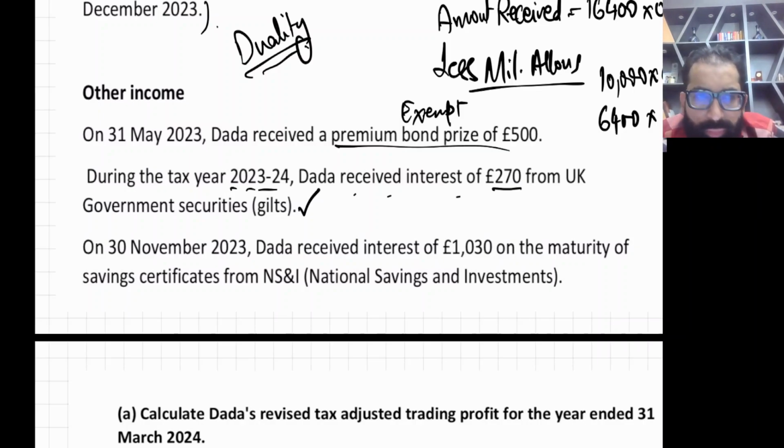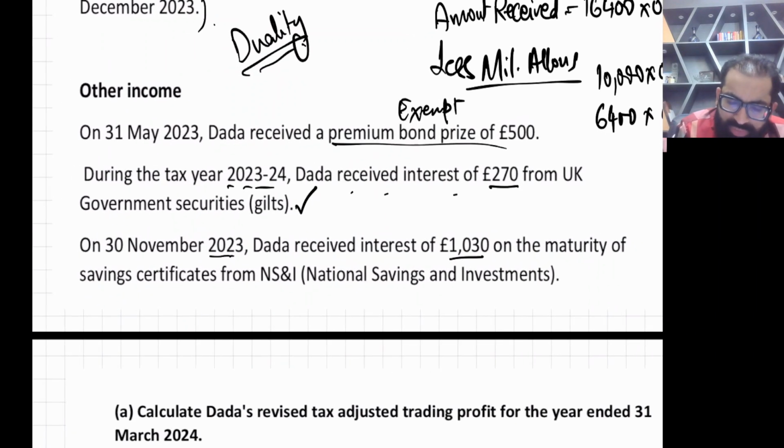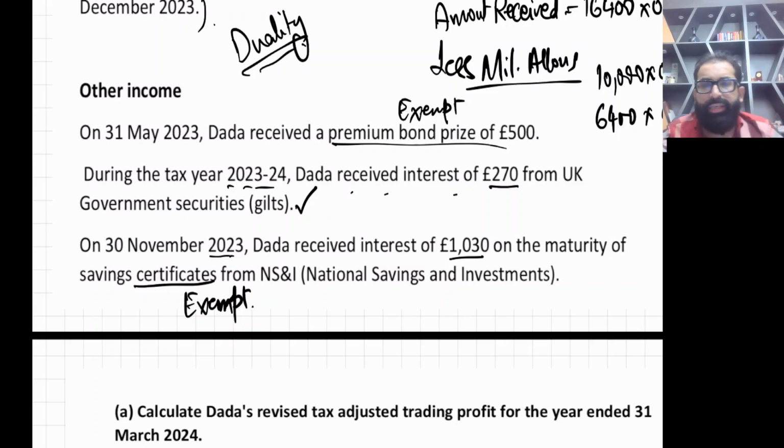Okay. Then on 30th November 2023, Dada received interest of 1030 on maturity of savings certificates. Exempt. Certificates are exempt.